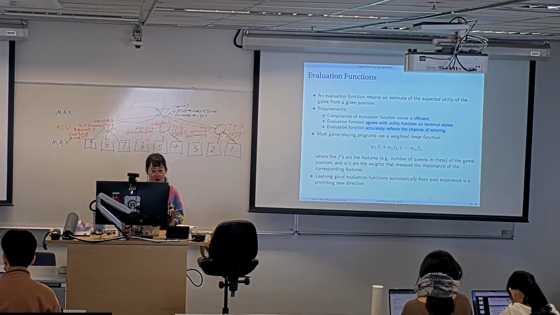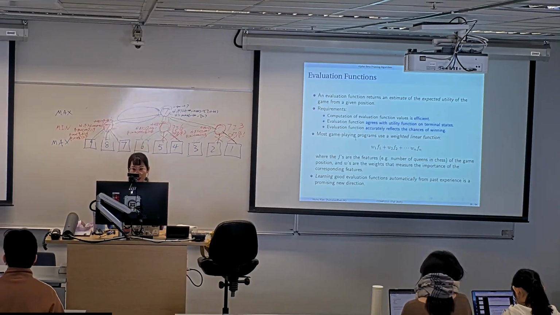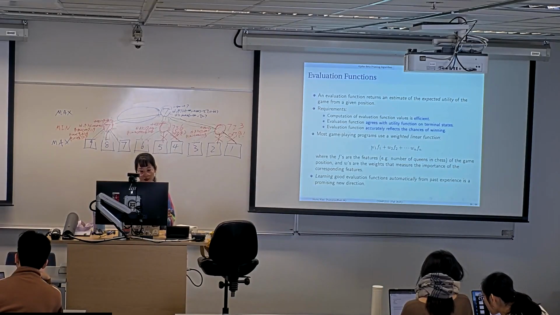Most game playing programs use such an evaluation function because they set some depth limits in order to fulfill the time limit. In this case, they have to design the evaluation function. Usually they use a weighted linear function, the summation of Wi times Fi. The Fi are features of the game position or game state.